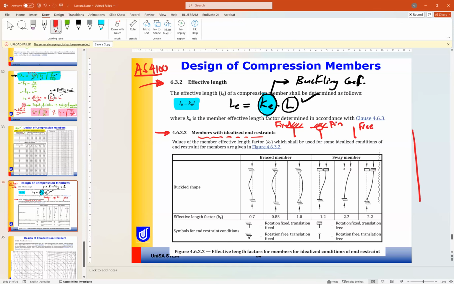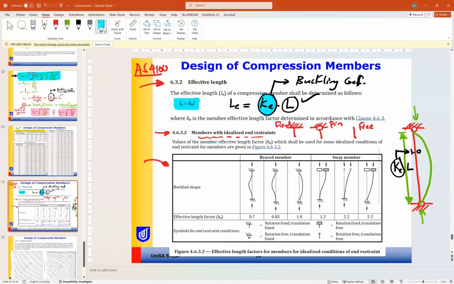So if you have a column, for example, I think you have seen this before. If it is under compression force, it will buckle ideally like this. So this buckling length equals KeL, where K here is 1. If you look at our table here, these values are given using the table.